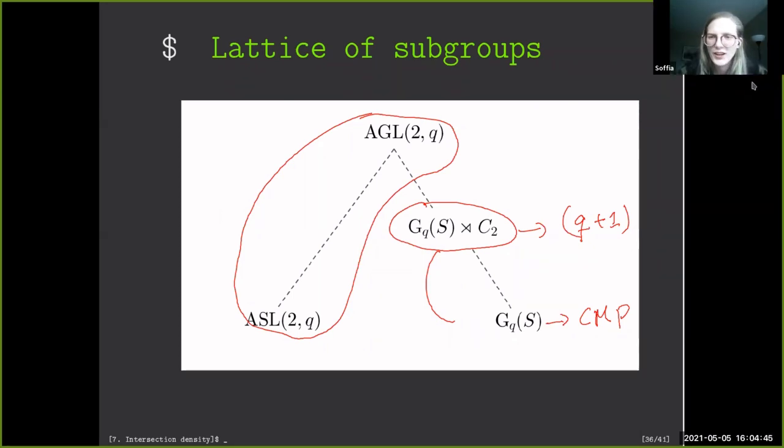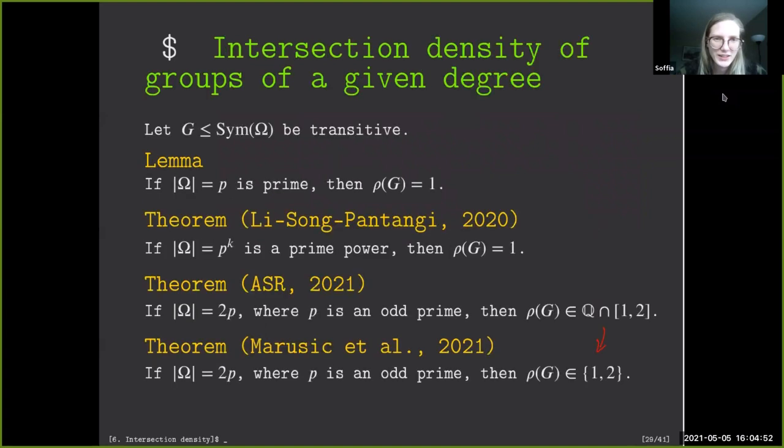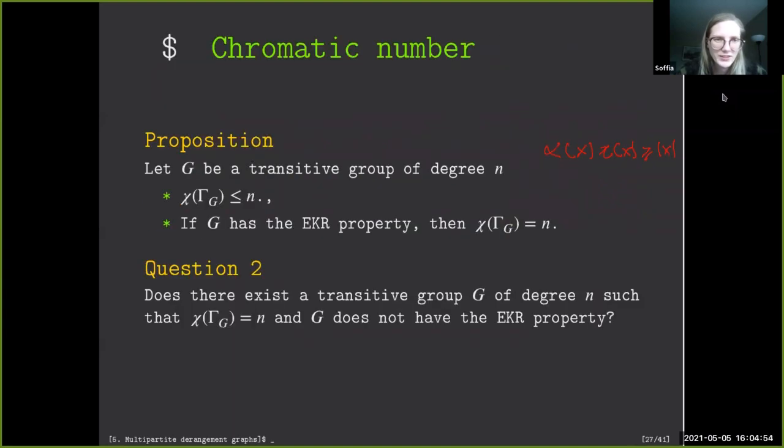I'm not sure if I have a question, but could you go back to slide 27? Okay. I wrote it down for some reason. I can't remember why. Yep. Yeah, I think I was just wondering about this question.